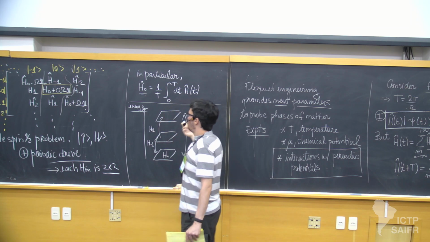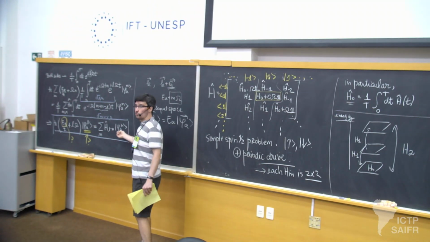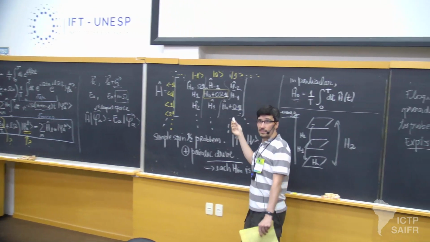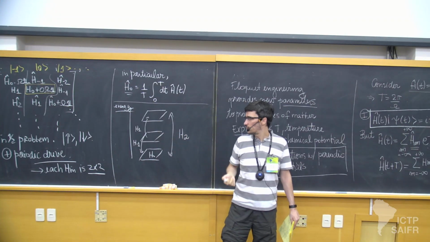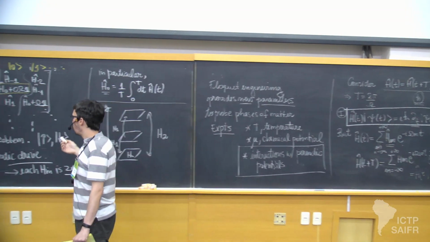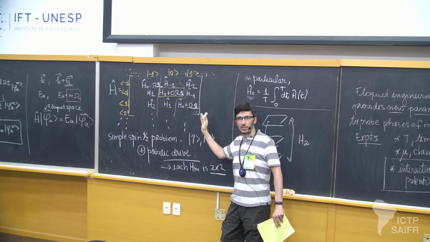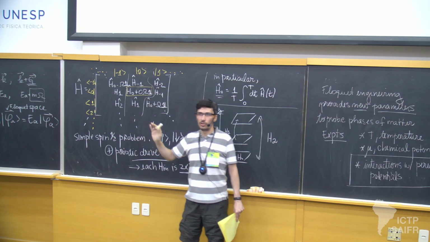So there are several ways of representing the same thing. This is the equation that we have to solve. This is the matrix form of that equation. And this is the picture that represents that equation. In any case, this week you are going to be solving or trying to solve Hamiltonians like this using very specific time periodic potentials.